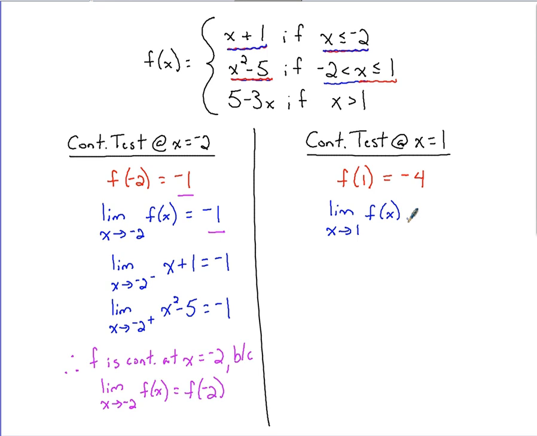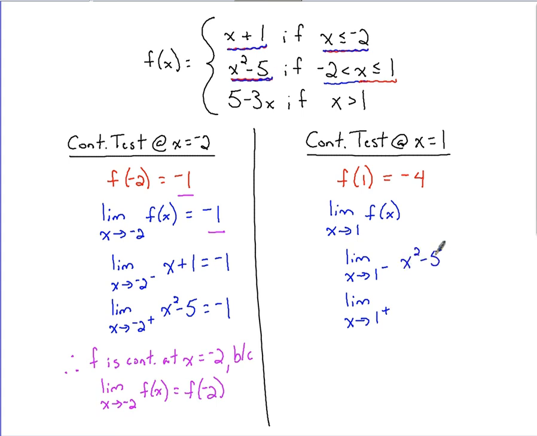Just like we did with our other continuity test, we have to take the limit as x approaches 1 from the left. We have to take the limit as x approaches 1 from the right. Now we need to sync up our pieces for the left-hand and right-hand limits. For the left-hand limit, we will use x squared minus 5.